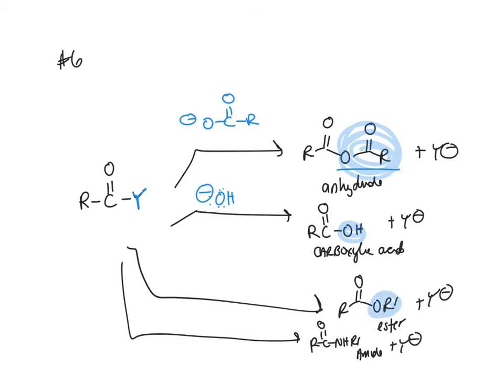This one, you'd have to add the ester. And this one, you'd have to add the amide. And those would be the nucleophiles in order to make those carboxylic acid derivatives. Let's do Model 4.